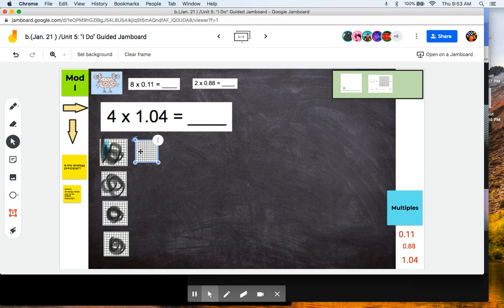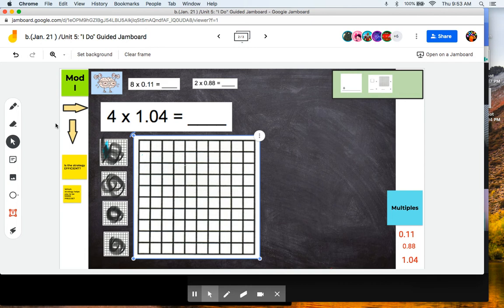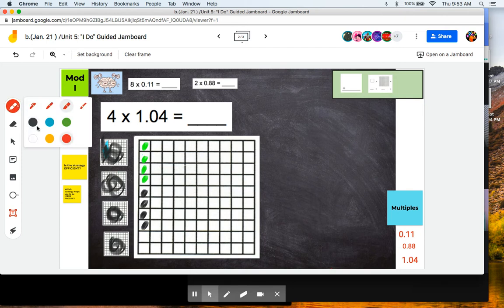4 tenths, 4 hundredths, I mean. 4 groups of 4 hundredths. 1, 2, 3, 4, plus another group of 4 hundredths. 1, 2, 3, 4. 3 groups of 4 hundredths. 1, 2, 3, 4.